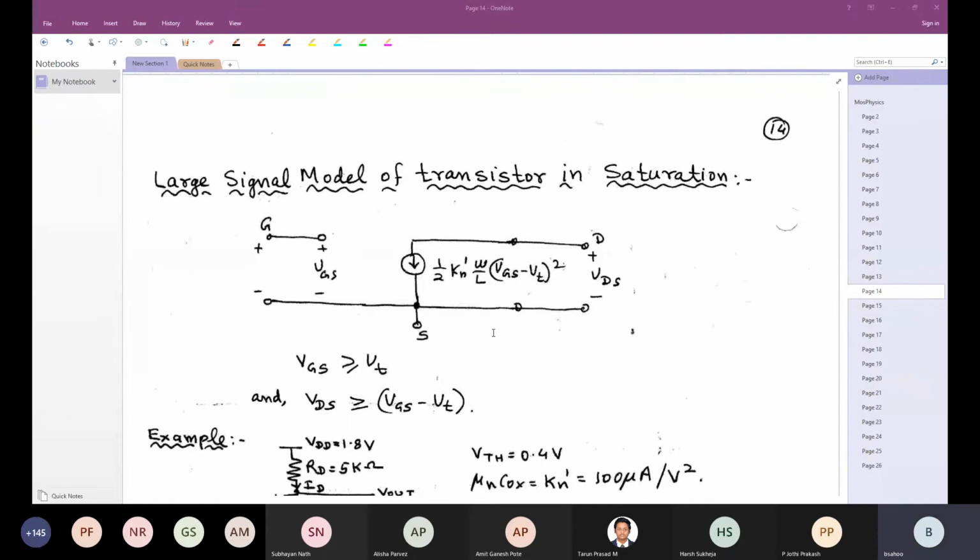So now we will draw something. As a circuit designer, we have to draw the transistor not as a symbol, but more in terms of the circuit parameters. Whenever we are analyzing a circuit, we usually do two analyses: one is large signal analysis, and then the small signal analysis.